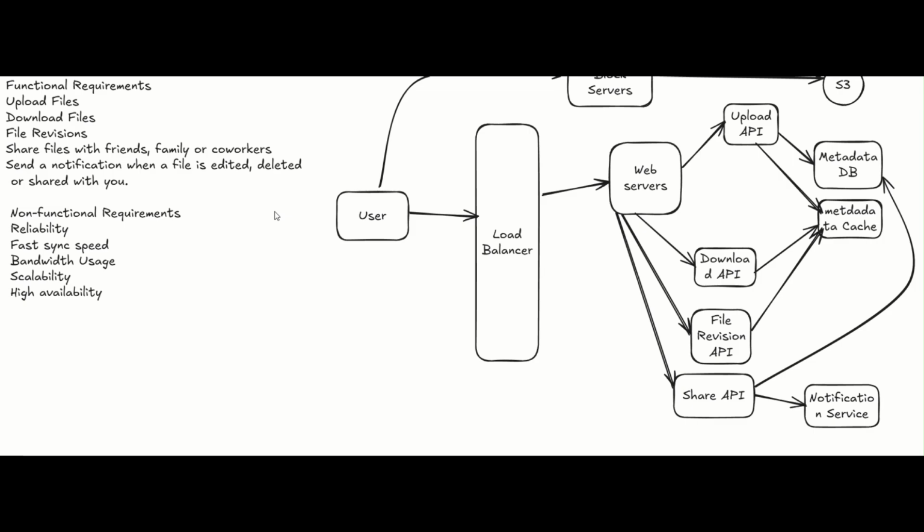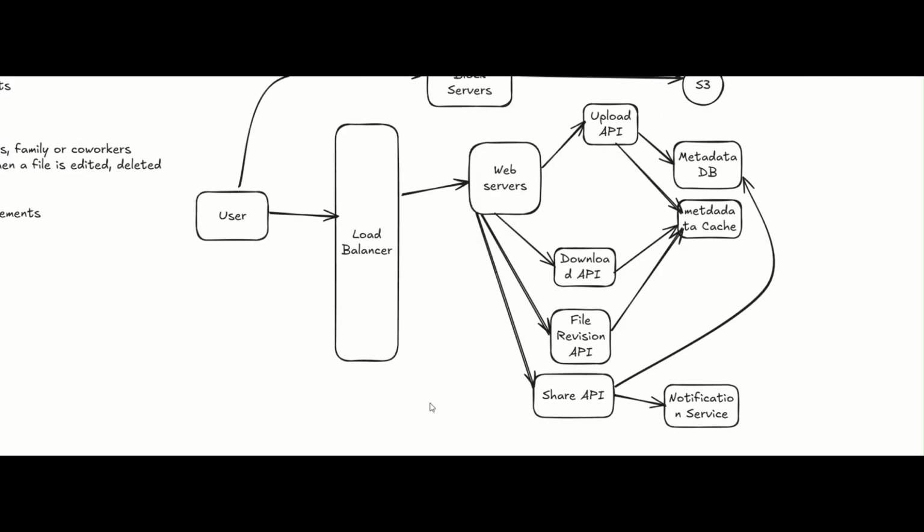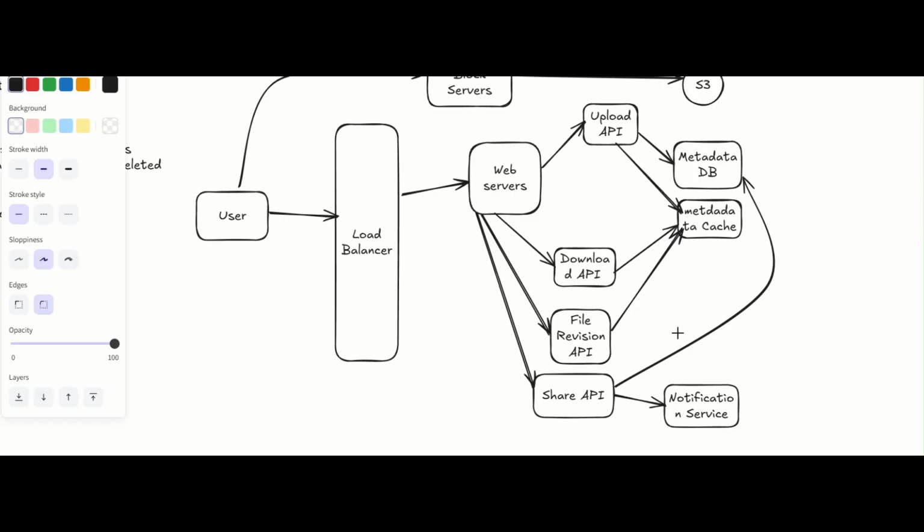And the last one is send a notification when a file is edited, deleted or shared with you. Whenever any change happens in terms of edit, delete or sharing a file, the request will go to the notification service. The notification service will send a request to a message queue. Basically it will be like a backup queue.